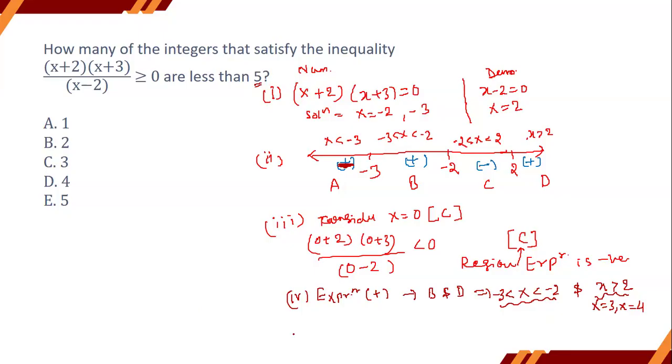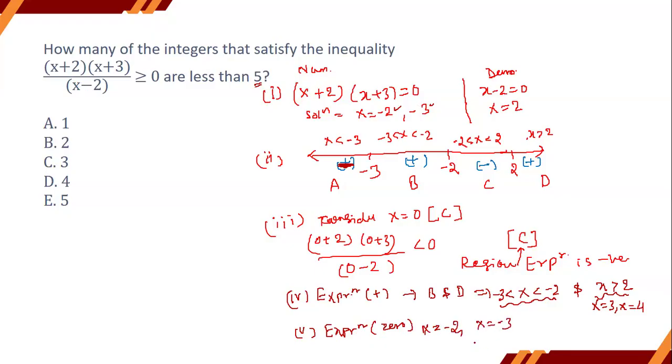Okay, but we have not yet considered that the question is not only asking for the number of integers which make it positive, but also the integers which make it 0. So when the expression is 0, the numerator becomes 0, and we already know that is when x equals -2 and x equals -3.